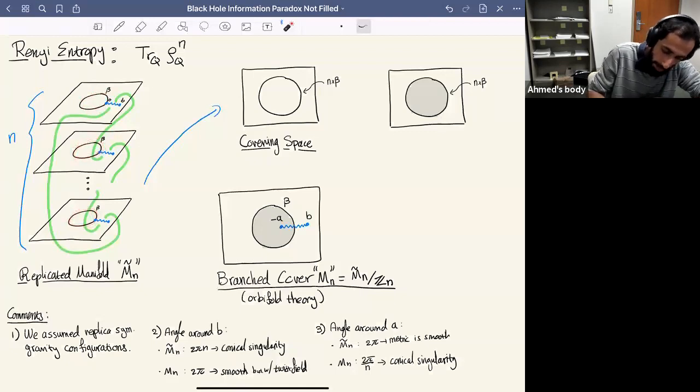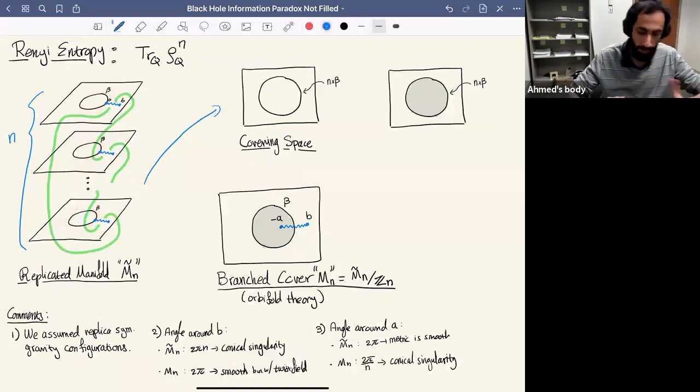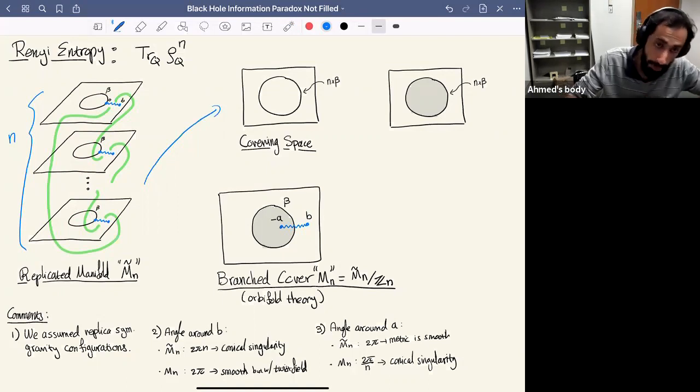But because the boundary Q attaches itself to this circle, this endpoint here gets matched to this endpoint here. And so the circle really is n times the length of the original one. Okay, so now we've massaged the spacetime into a nicer form.